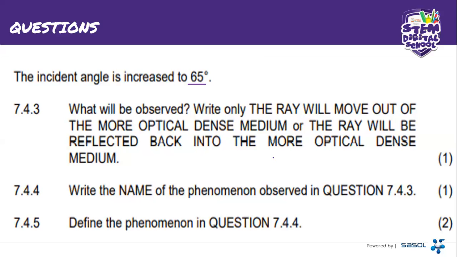Now, let us go to question 7.4.3. They say to us, what will be observed? So, what will we see? Write only, the ray will move out of the more optically dense medium, or the ray will be reflected back into the more optically dense medium.